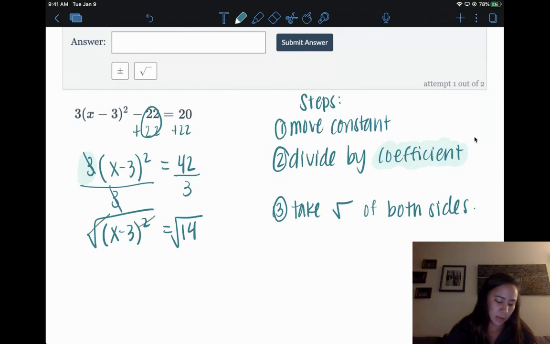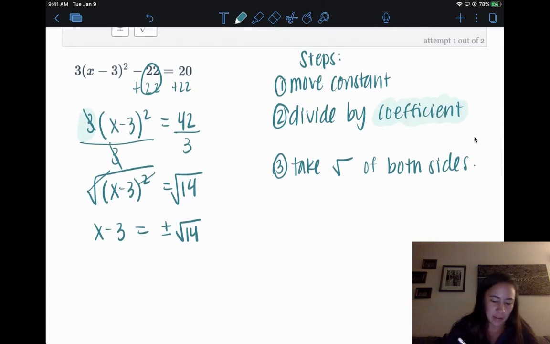So the square will cancel out this. We have x minus 3 is equal to, we don't know the square root of 14 without plugging it into a calculator. So we're going to leave this as plus or minus the square root of 14. All right, and now to get x by itself, add the constant over, isolate x.